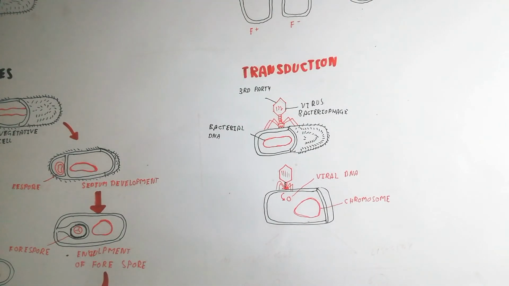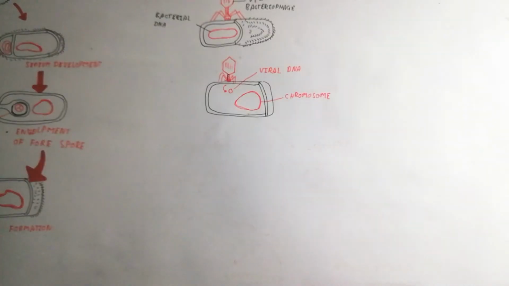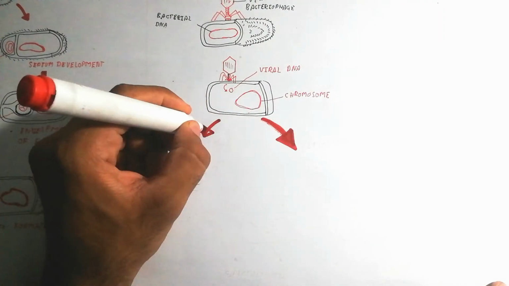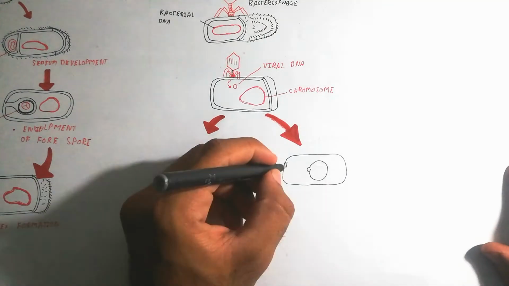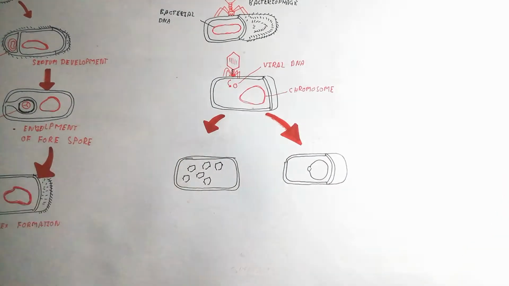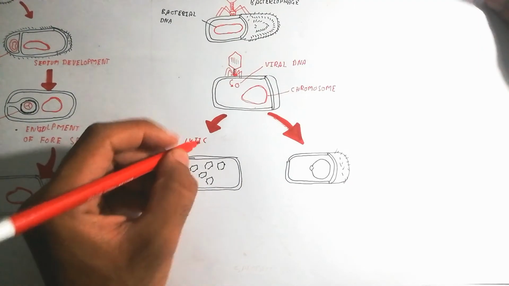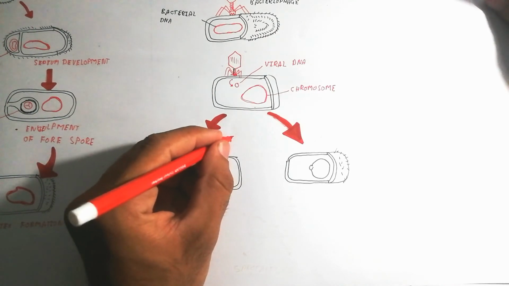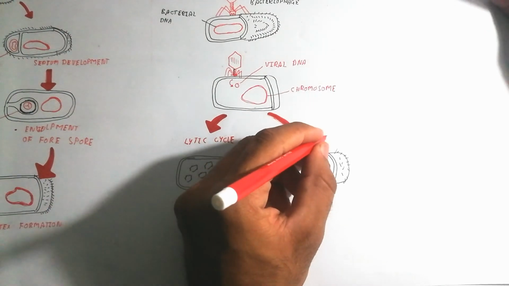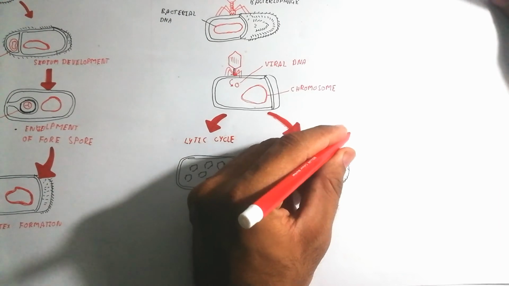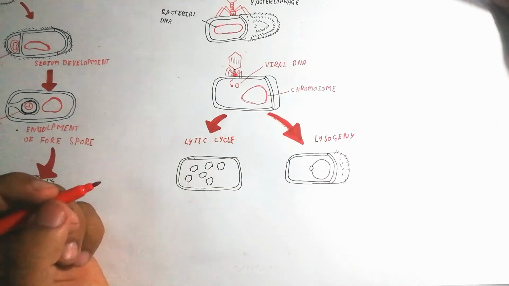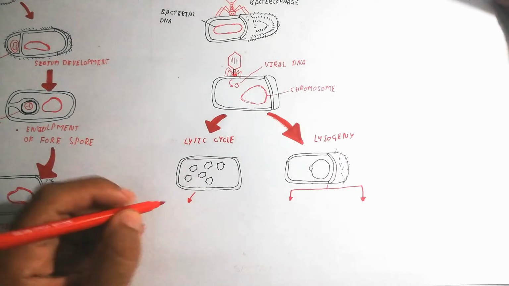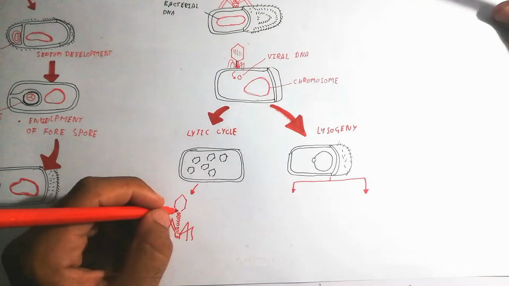The bacteriophage comes from the lytic cycle, and the DNA present comes from the bacteria.